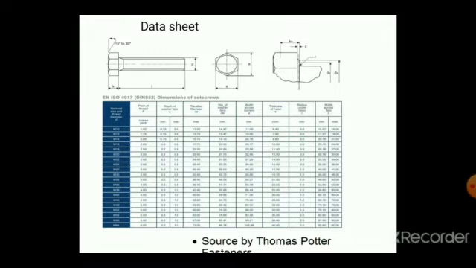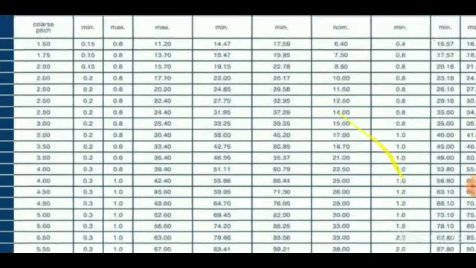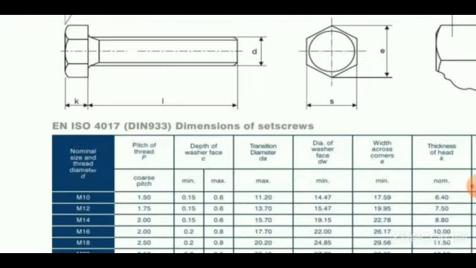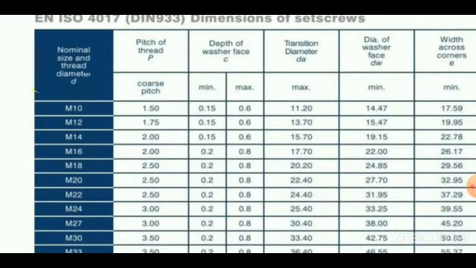Then the data sheets. This data sheet is provided by Thomas Potter, one of the manufacturers of fasteners. Here the nominal size and thread diameters are given, and they are generally represented as M10.